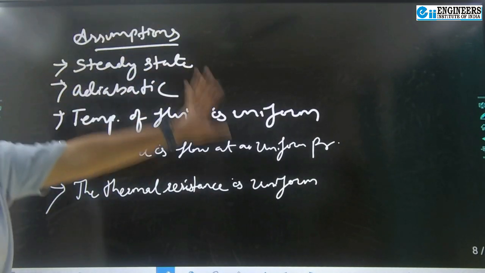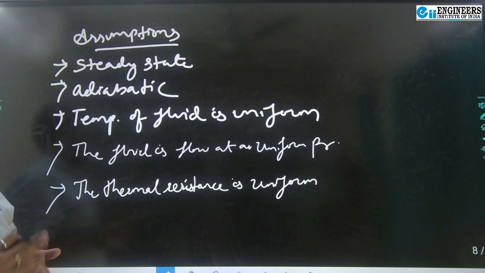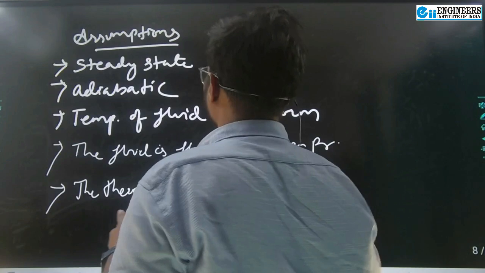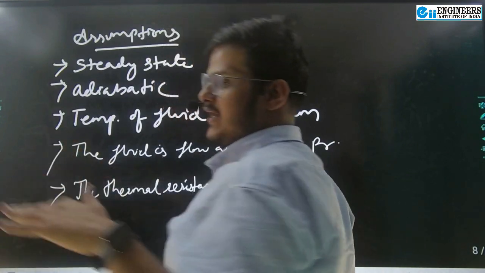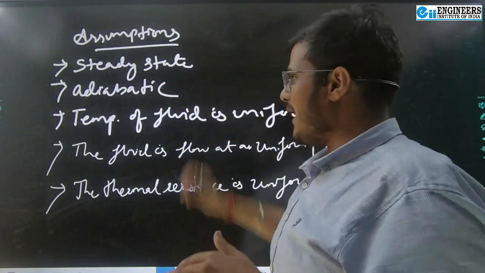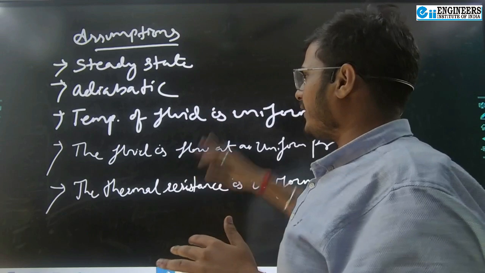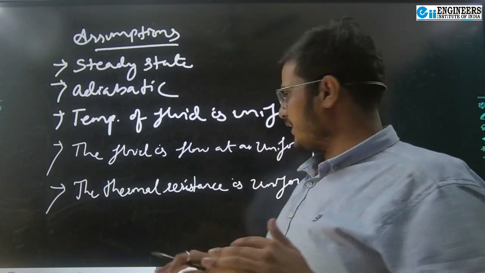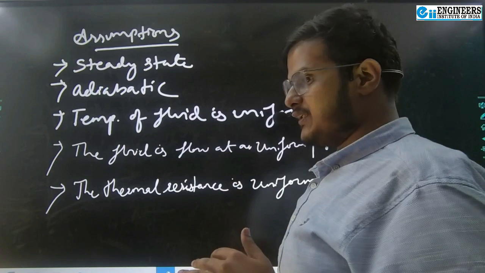So these are the assumptions that we will consider while analyzing the heat exchanger. To remember: steady state, no variation with time; adiabatic, no heat transfer; fluid temperature uniform; fluid flowing at a uniform pressure; and the thermal resistance is uniform.